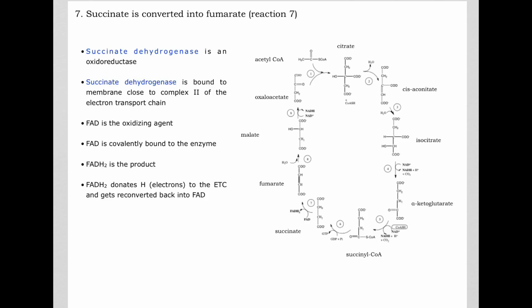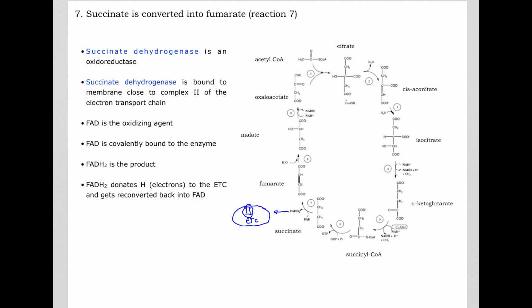And the reason is because this FADH2 will donate its hydrogens to complex number 2 of the electron transport chain. Now the electron transport chain is in the membrane, the inner mitochondrial membrane where this enzyme is.